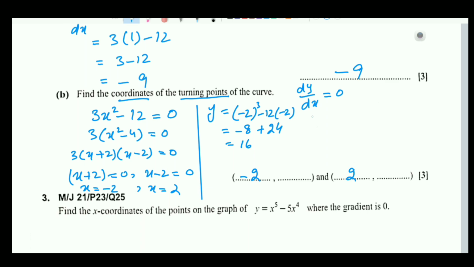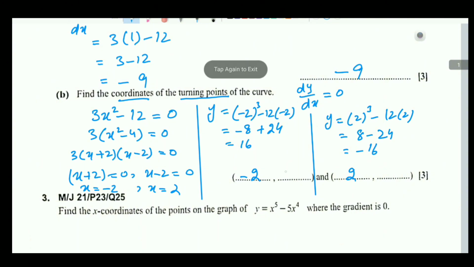And now y is equal to plus 2. 2 cube minus 12 times 2, 8 minus 24, that is minus 16. So from minus 2 we got 16 and from positive 2 we got minus 16.